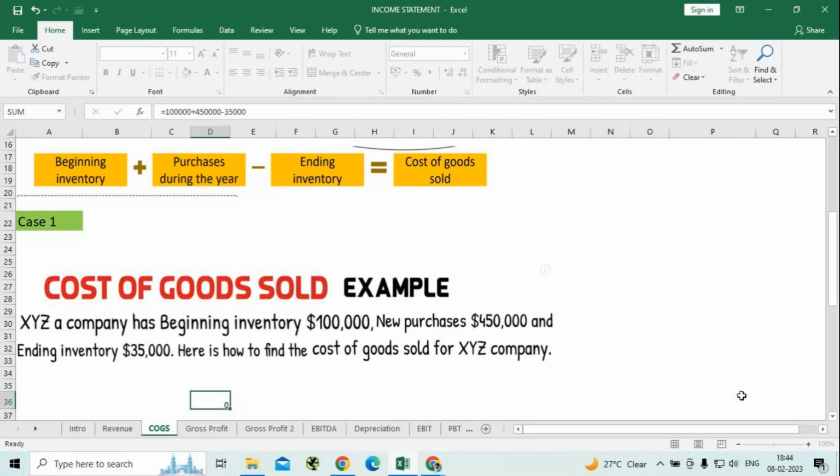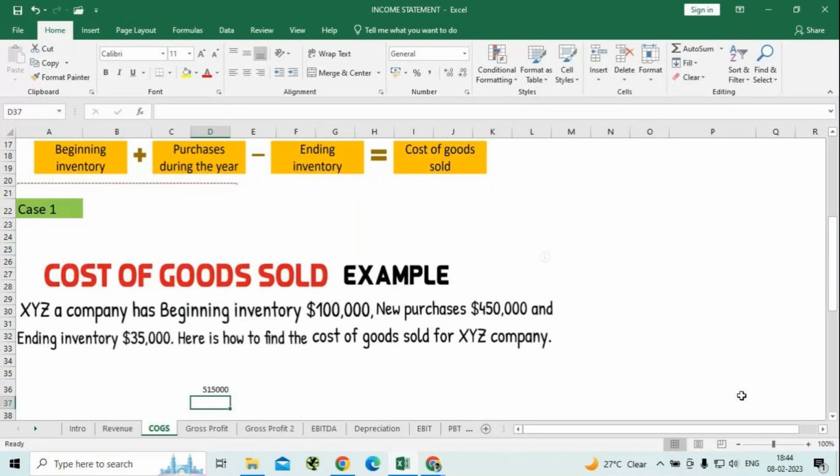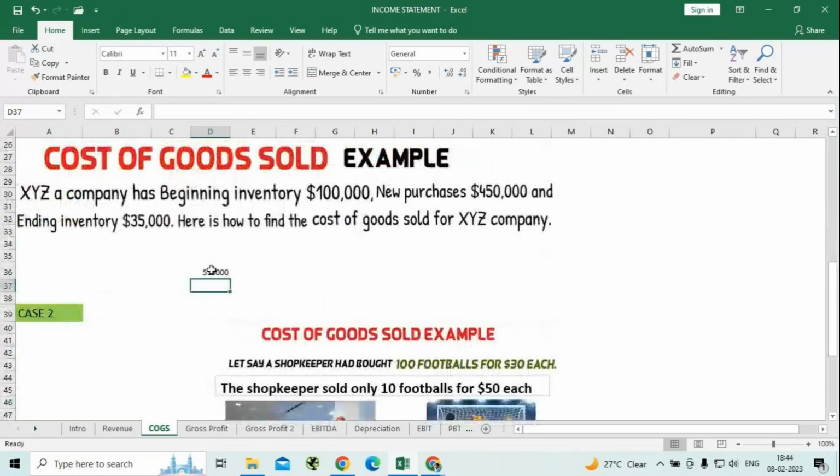So this gives you the value of the cost of goods sold. This is how it works if the values are given directly instead of a quantity-wise calculation.